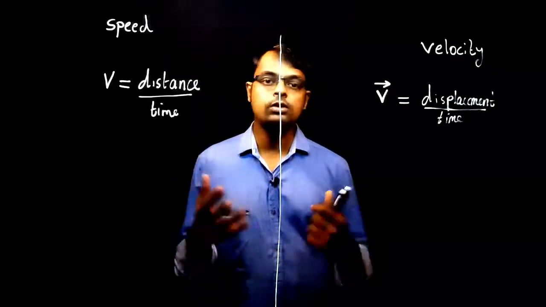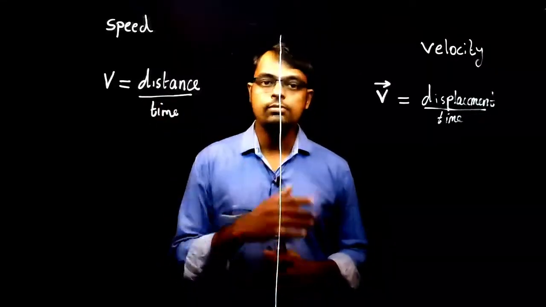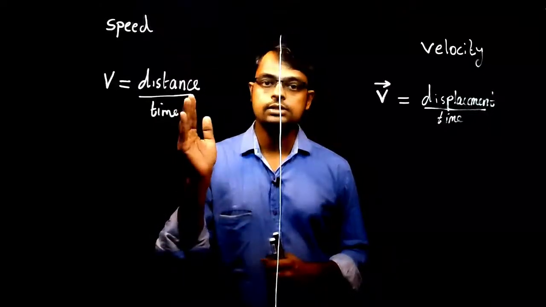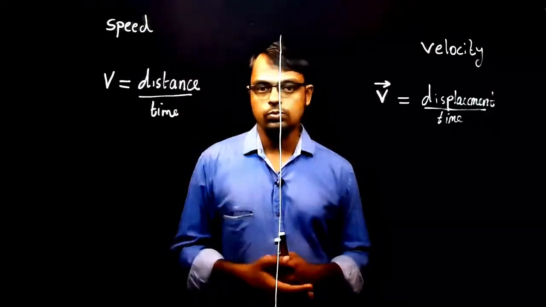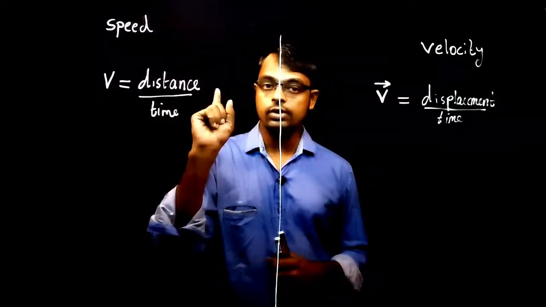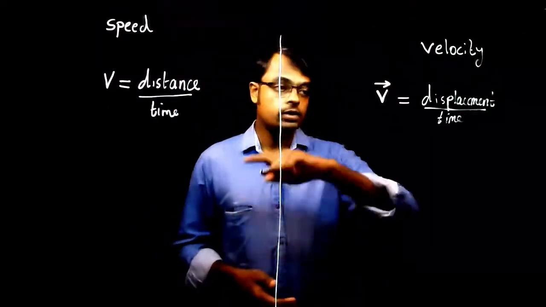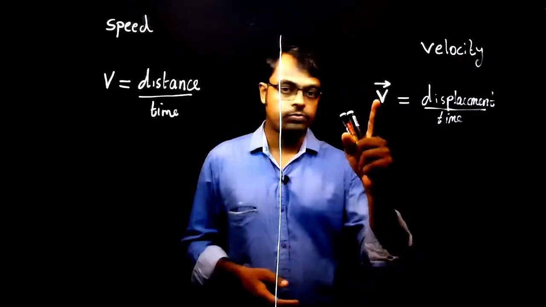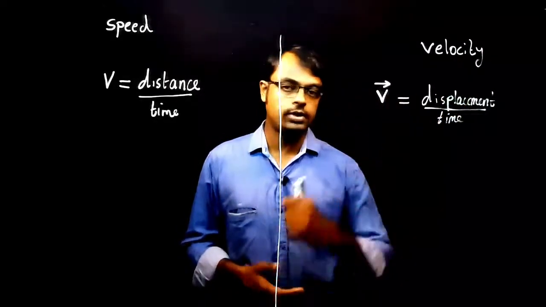What is the meaning of zero? The object is not in motion, so the distance traveled by the object is zero. So distance can be either positive or zero, but never negative. But velocity is equal to displacement divided by time.